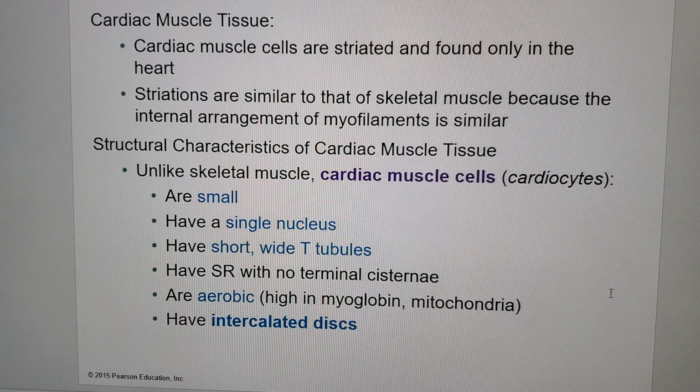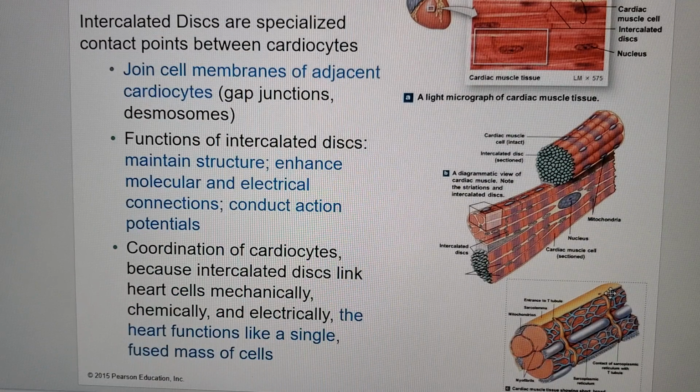They have intercalated discs. Cardiac muscle tissue is the only tissue with intercalated discs. Those intercalated discs join the cell membranes of adjacent cardiocytes, like a gap junction, so to speak. They help maintain the structure. They enhance the molecular and electrical connections, so they conduct action potentials.